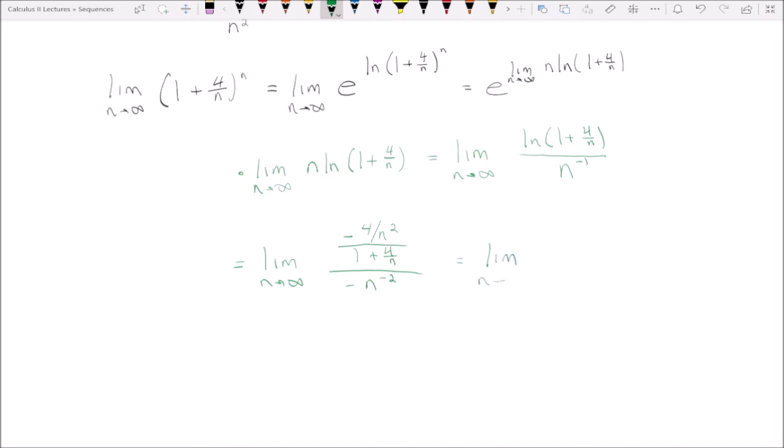Simplify this, and we get the limit of 4 over 1 plus 4 over n. This is going to give us 4 over 1, which is just 4. So what we see is that 1 plus 4 over n to the nth power converges to e to the 4th.